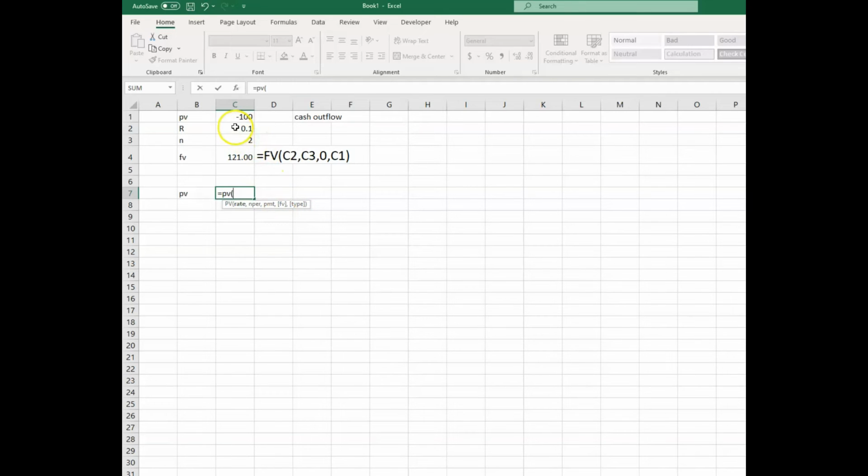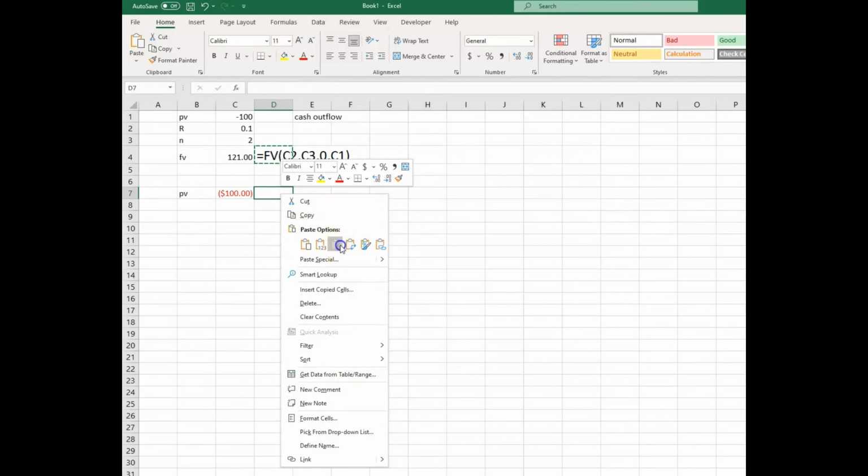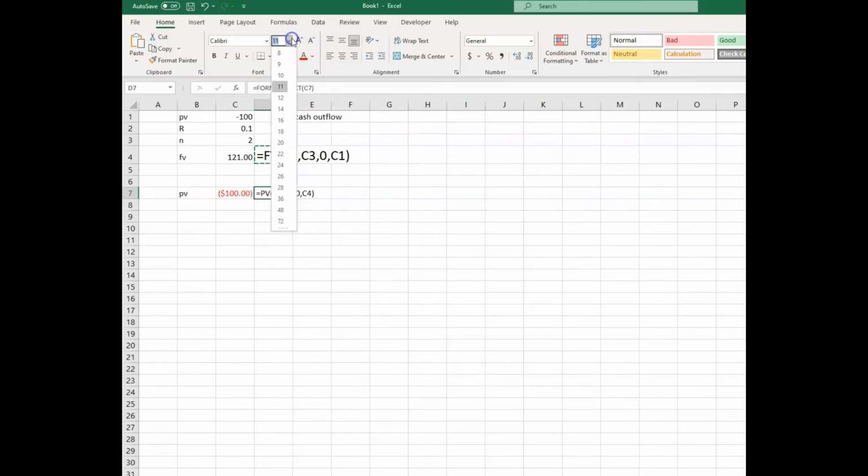We have rate and the period, and again payment is 0. Then we have future value. Future value is 121, and then we get exactly negative 100. I'm going to copy the formula. So this is the formula.